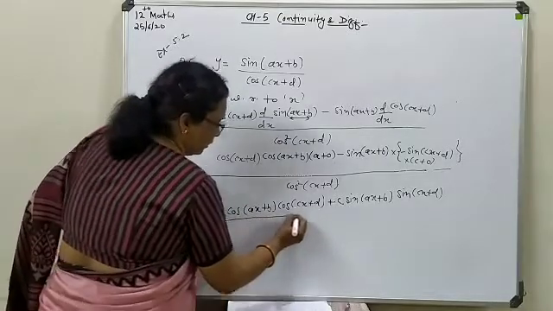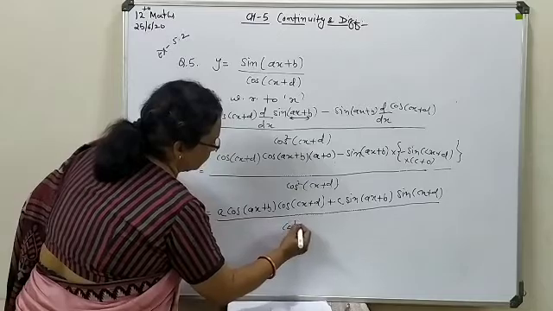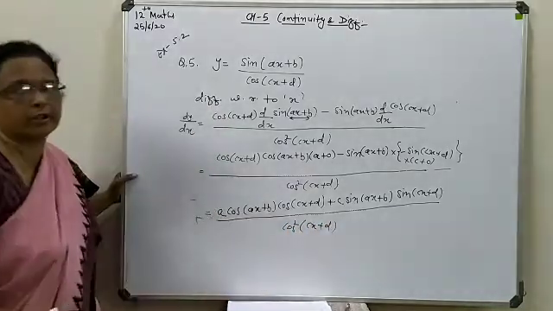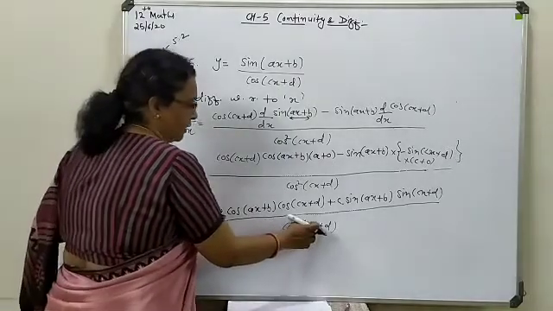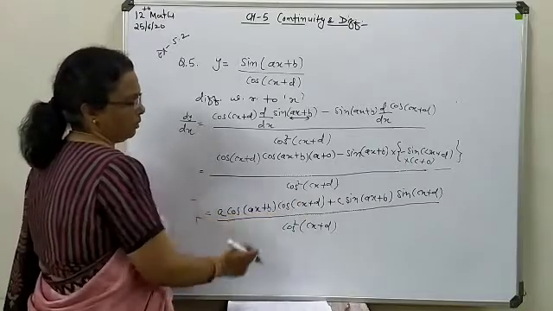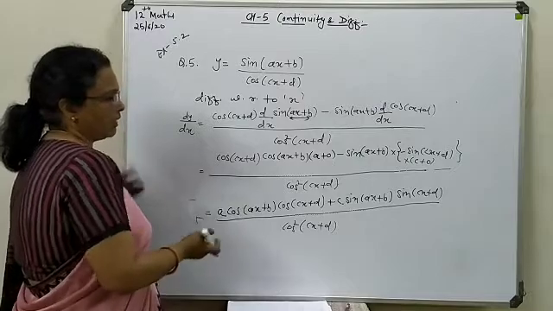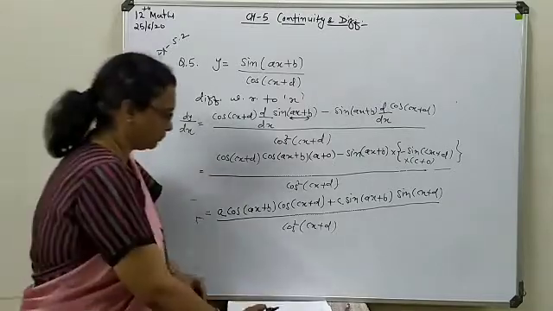As a denominator, this term is to be written as such. Now one more reduction form you can write here: this cos square(cx + d), keep under each combination, so this tangent and sec further can be written, otherwise this way also it can be written as the final answer form.